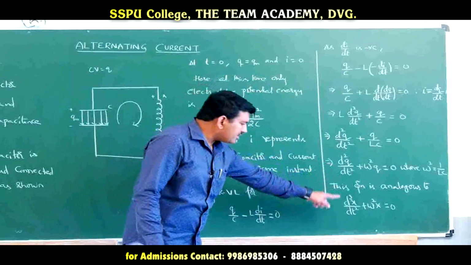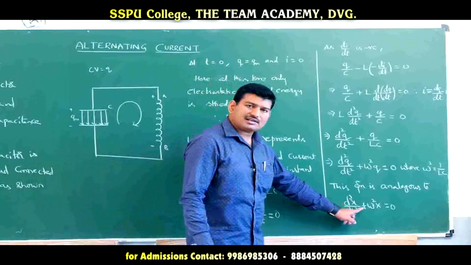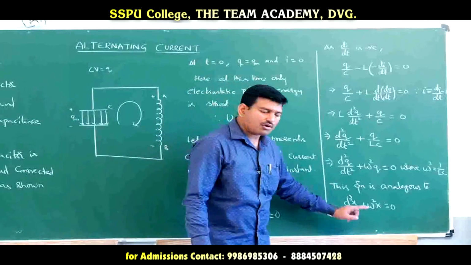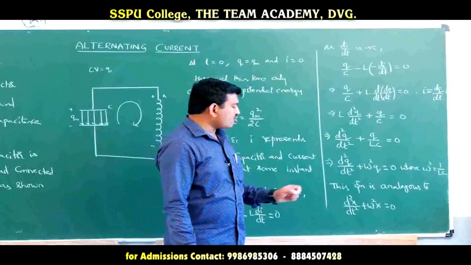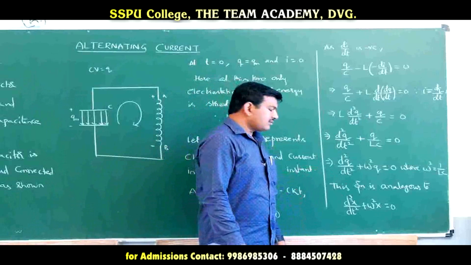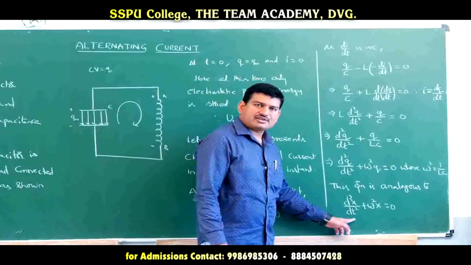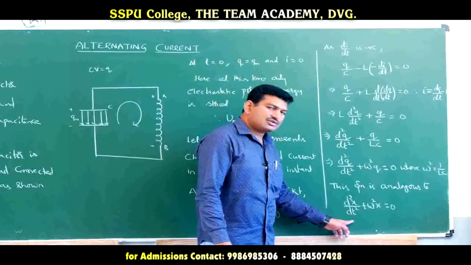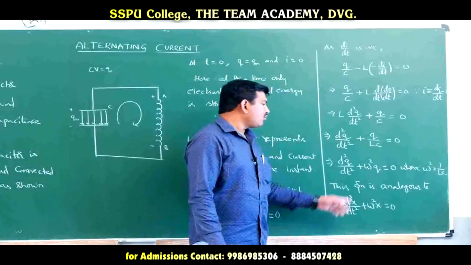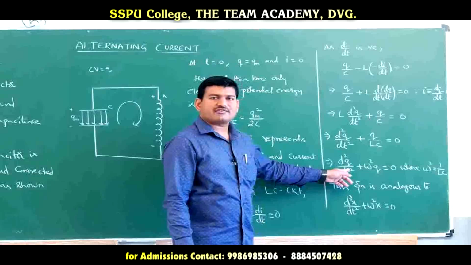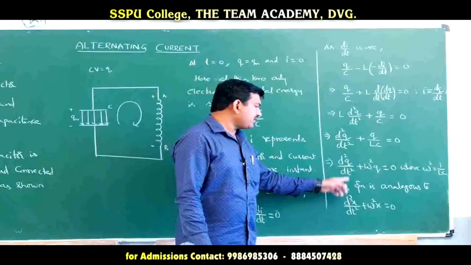If you compare these two equations, what is the general solution for this differential equation? x is equal to x naught into cos omega t plus phi. In the similar way, what is the general solution for this differential equation? In the place of x, q will be there.